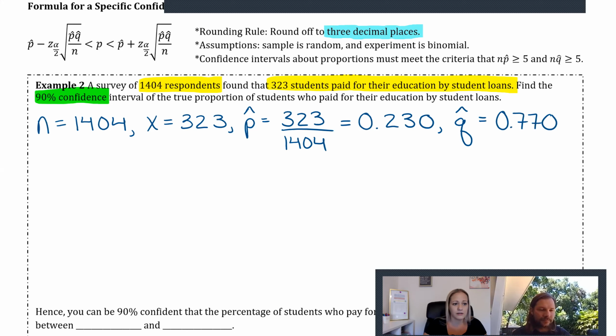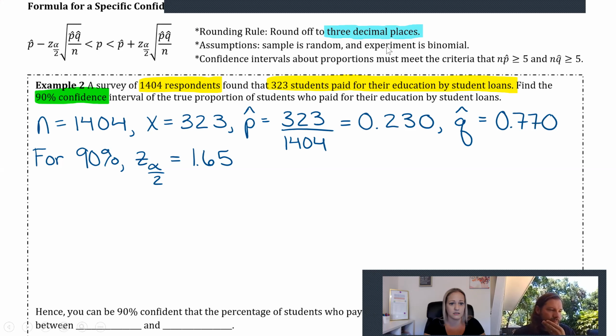Then there's one other thing we need, and that is the z alpha over 2. We still have that critical z value when we're doing proportions. From that common list that you wrote down in your notes, for 90%, it's 1.65. Okay, so I think we're ready to plug in here. We're going to start with P hat, that's the sample proportion.